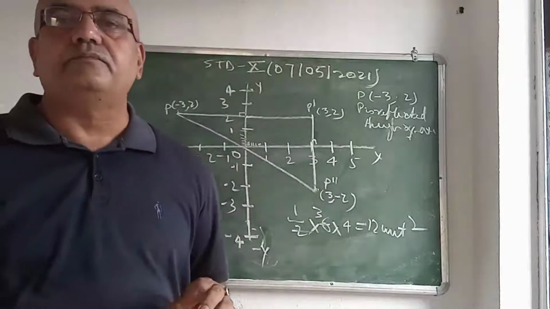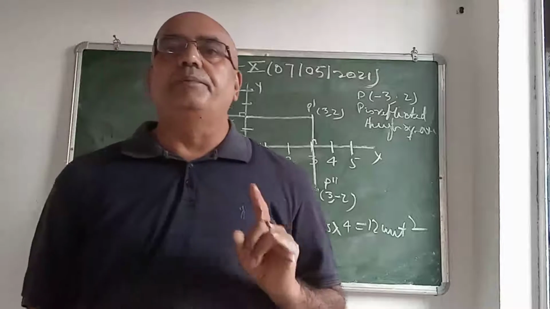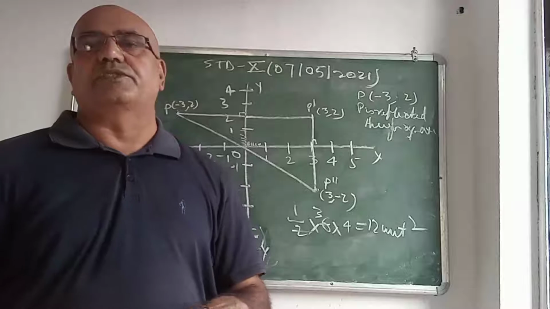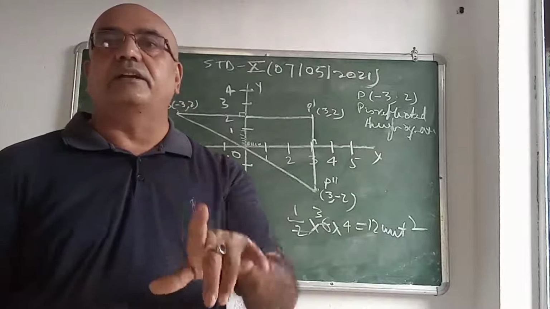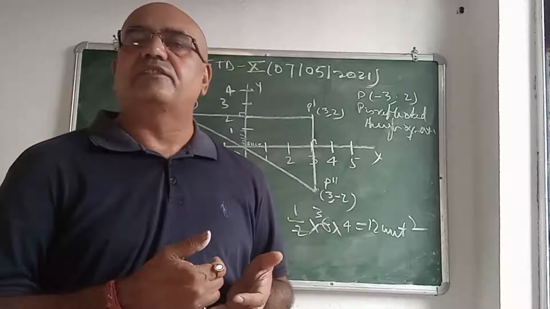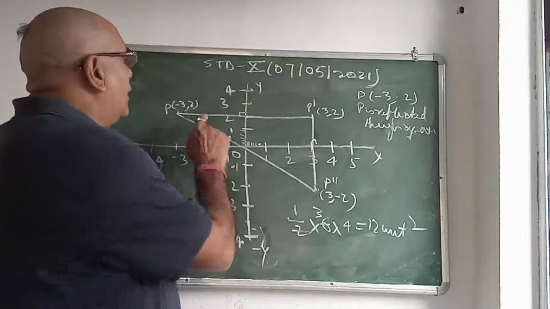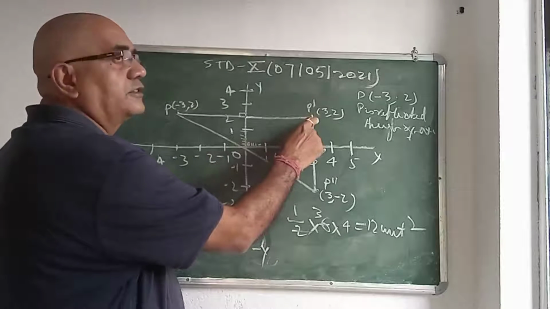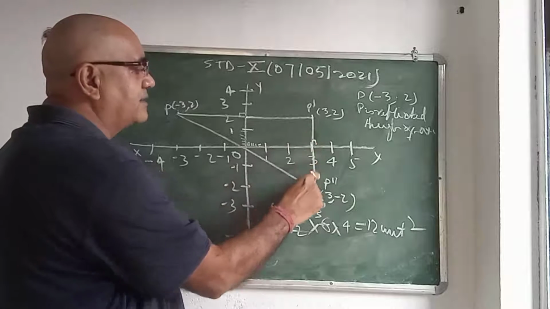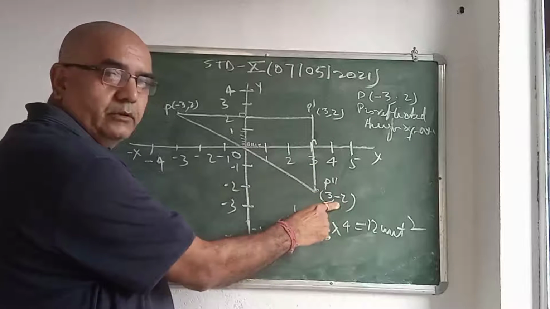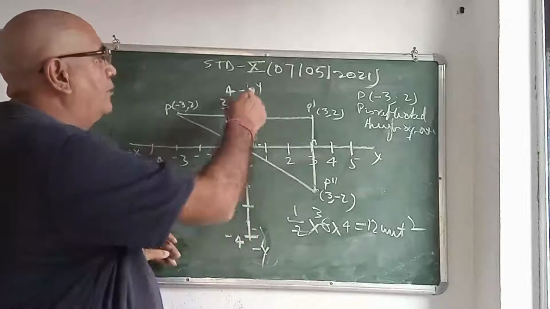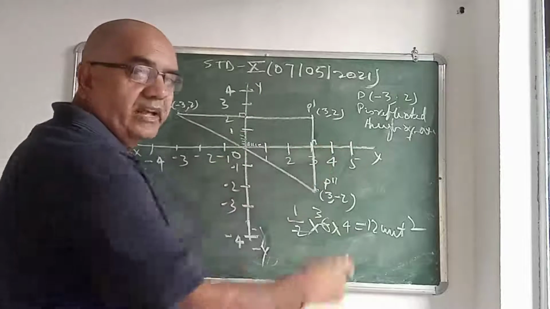Now, in the same question, if it is given to find the single transformation, listen to me. What do we mean by single transformation? When we transform minus 3, 2 through the y-axis we get this value, and then followed by the x-axis we get (3, minus 2). So (3, minus 2) we get after two transformations, one through the y-axis, another through the x-axis.